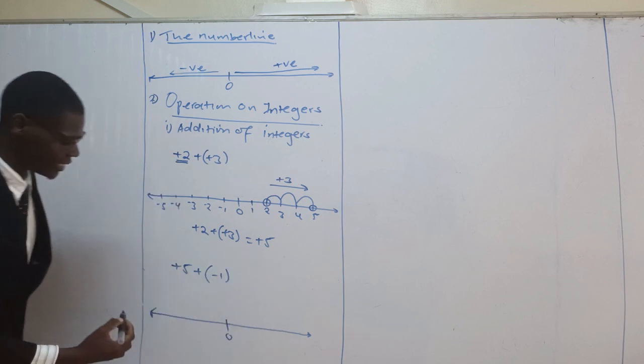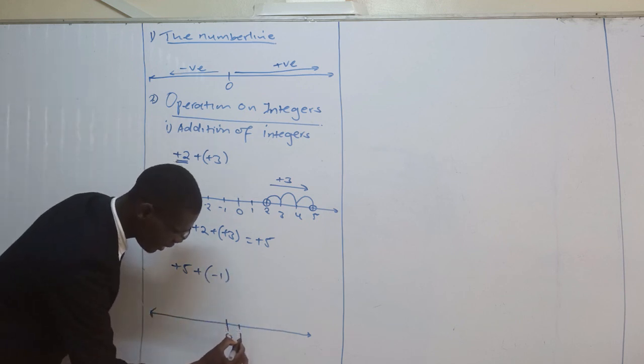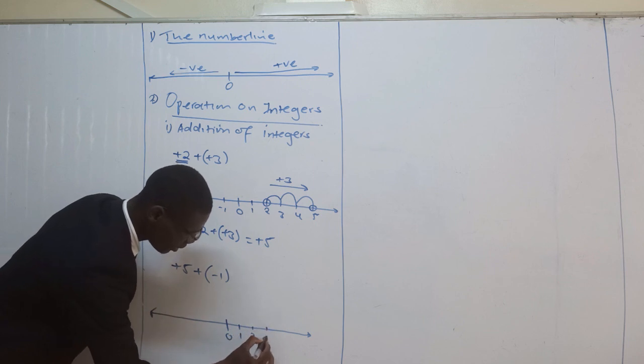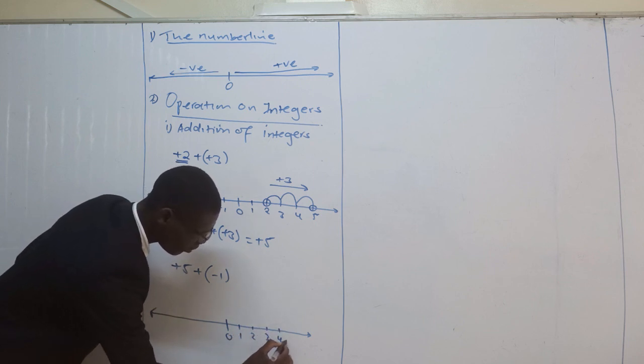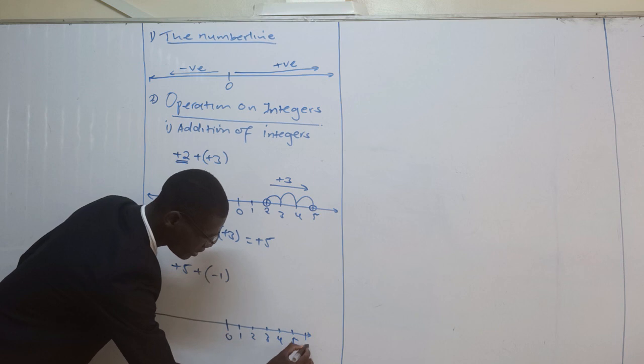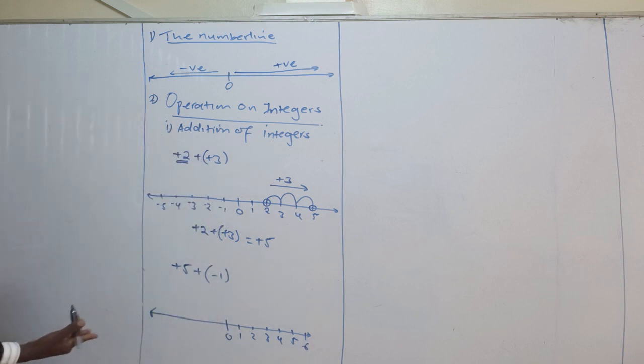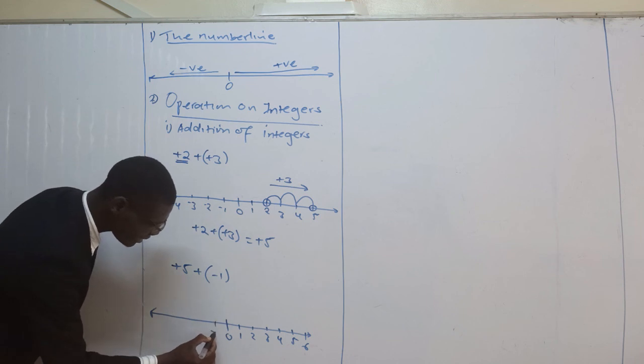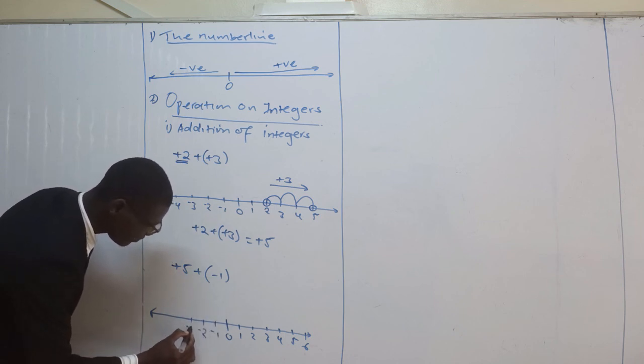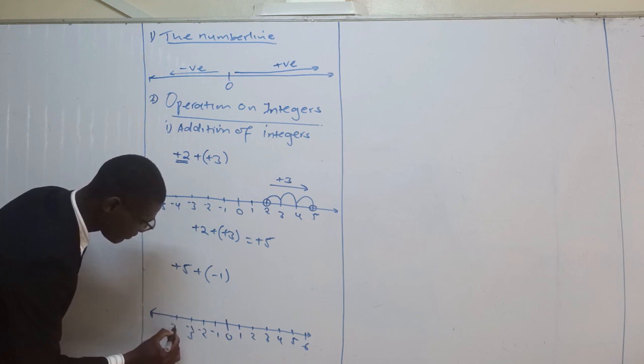On the right we said it is positive. I start with 1, 2, 3, 4, 5, 6. On the left we have negative integers. I start with negative 1, negative 2, negative 3, negative 4, and negative 5.